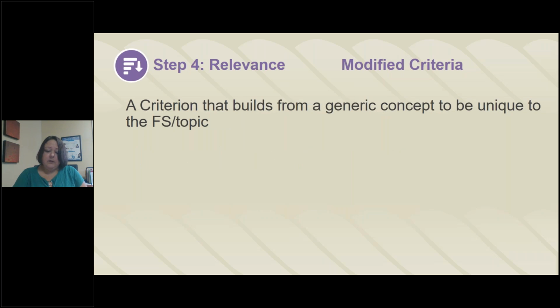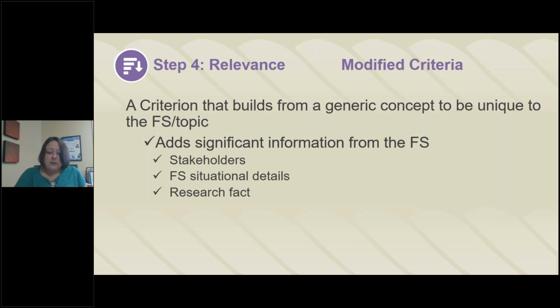Now, for modified criteria, these are ones that are based on that generic concept, yet they add additional information from the future scene. And so it might be that they consider a stakeholder. It might be which solution is the least expensive for the residents of an area, or a business that is part of the future scene, something that connects it into the future scene much more so than simply which one costs the least.